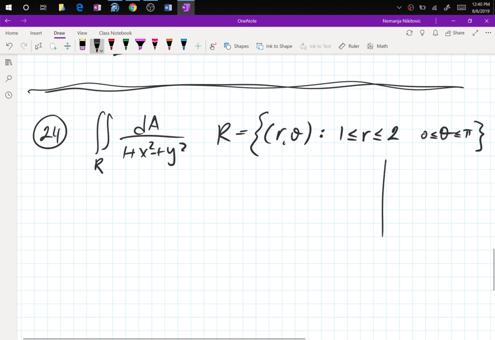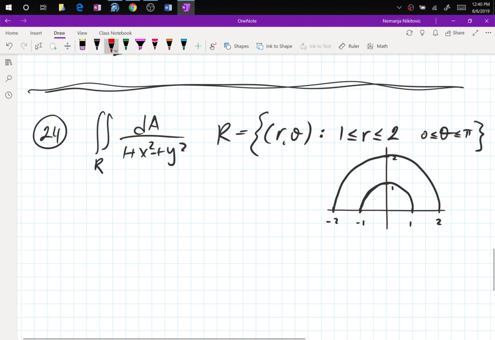So if I want to draw this, I know it's only the upper half. I am going to go 1 and then 2 out, -1 and then -2 out, 1 up, 2 up, and I only get to draw from 0 to pi, so it's only the upper half. So this is your domain, and the shape will be on top of this. That's what the domain looks like.